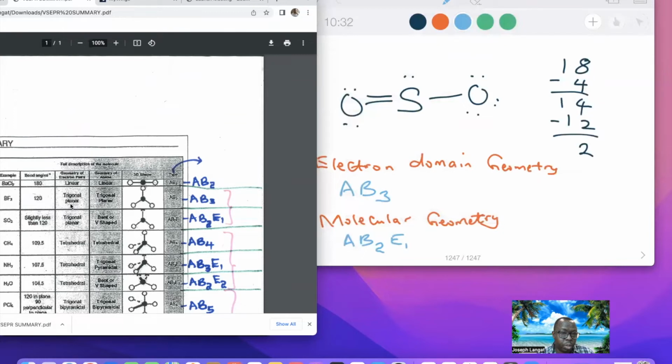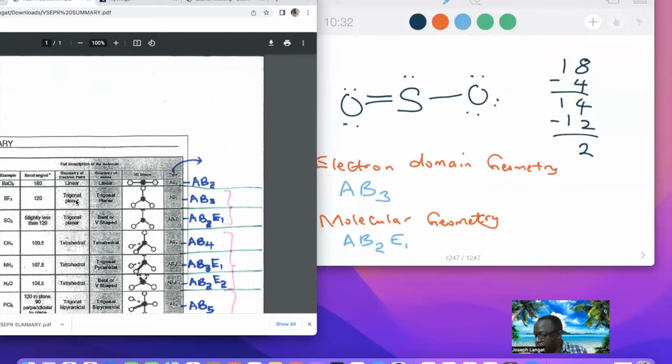The electron domain geometry is trigonal planar, AP3, all right? That means looking at the electron domains. You cannot have the same geometry for electron domain geometry as well as molecular.